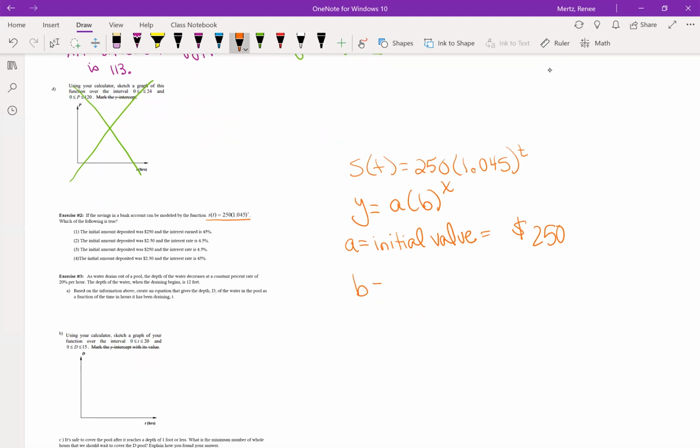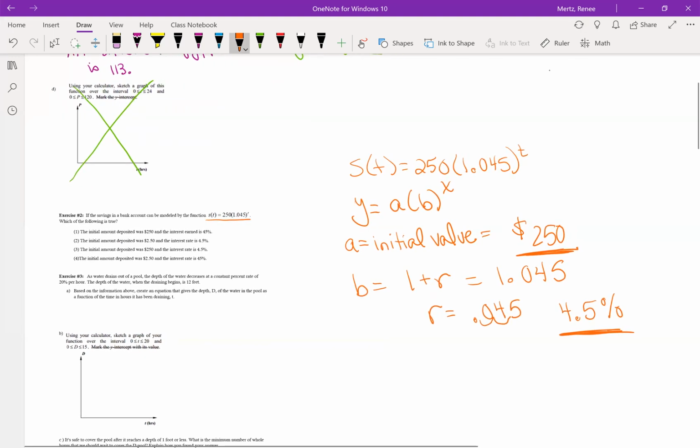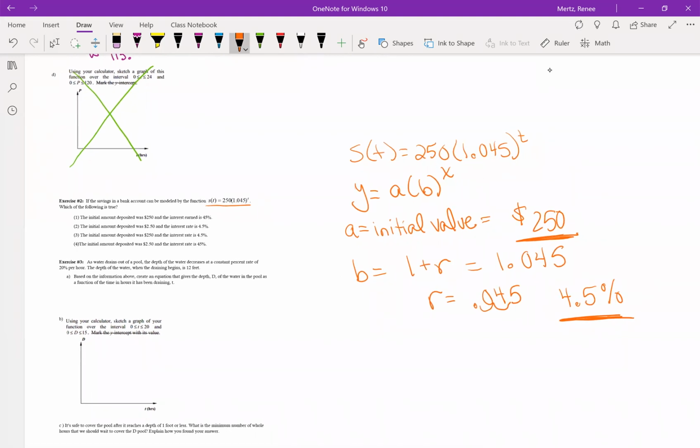We know that B equals 1 plus the rate as a decimal. So they're saying it's 1.045. So our R is 0.045 as a decimal. In terms of a percent, we move that over and we get 4.5%. So we're looking for an initial value of 250, a rate of 4.5%. So that would be choice 3.